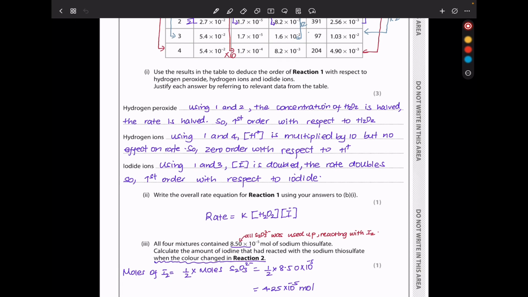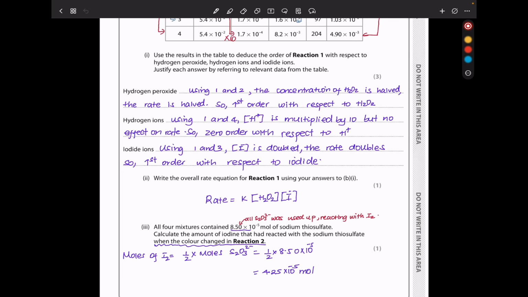They say write the overall rate equation for reaction 1 using your answer to B1. So the rate is equal to k times the concentration of hydrogen peroxide, remember that order is 1, times the concentration of iodide, whose order is also 1. The order with respect to hydrogen ions is 0, and therefore it will not show up in the rate equation.